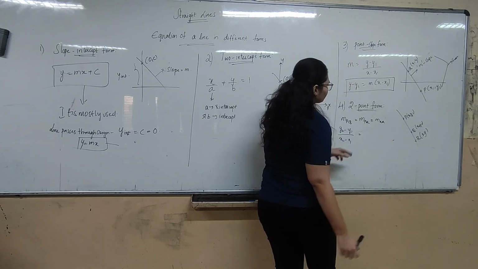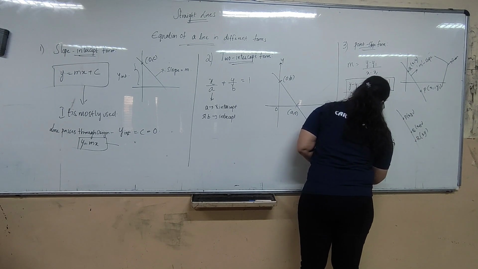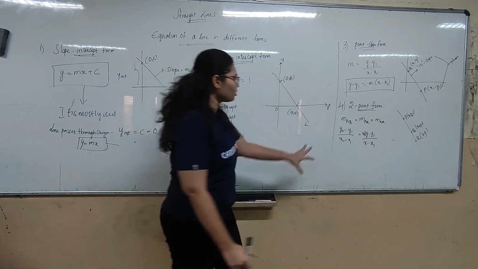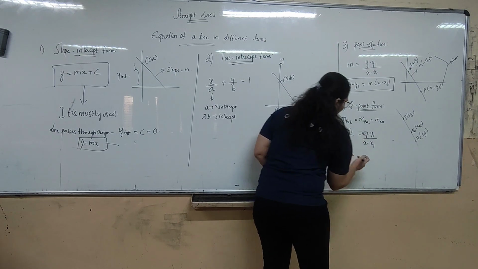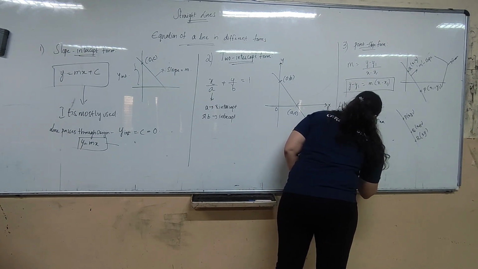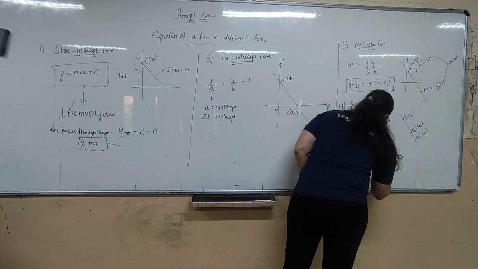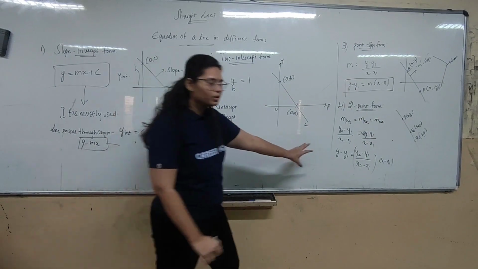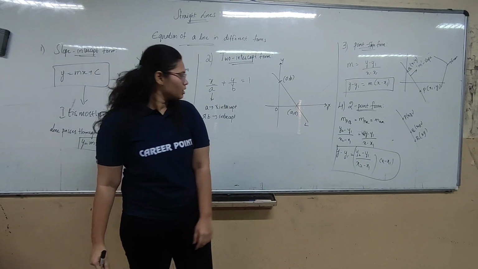That is equal to the slope of PR, (y - y1)/(x - x1). Now cross multiplying, y - y1 = (y2 - y1)/(x2 - x1) times (x - x1). So this is the equation of the line in 2-point form.